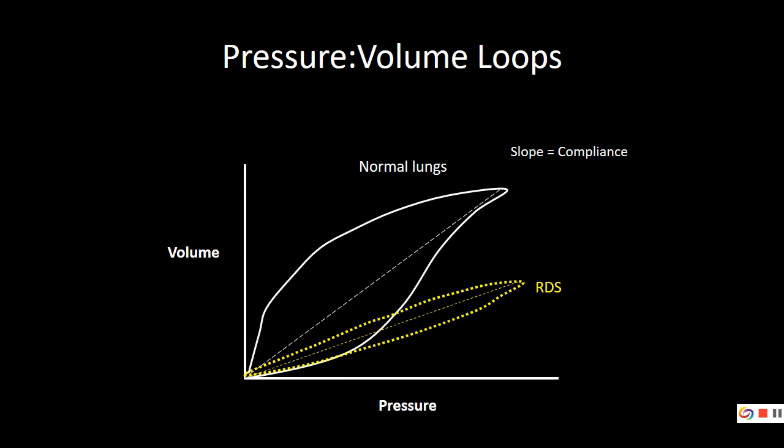Okay? You can look at the other way. What if you hold the volume constant? Okay, what happens? Well, you need a lot more pressure to get the same volume for a baby with RDS compared to the baby with normal lungs. Does that make sense? So these are fundamental concepts that you have to understand if we're going to be on the same page and we don't have to be painting the dog and the garage and the house.